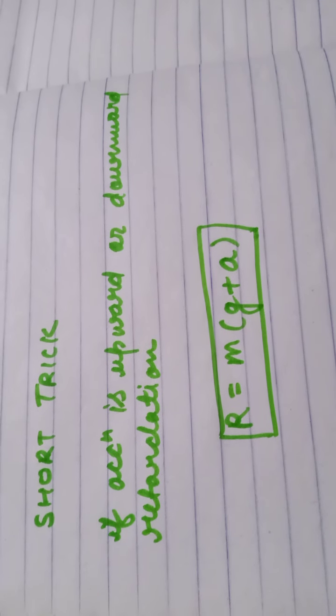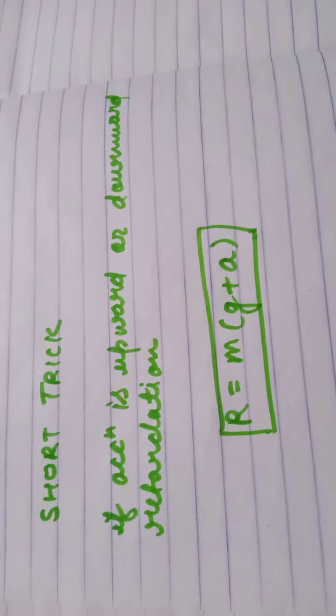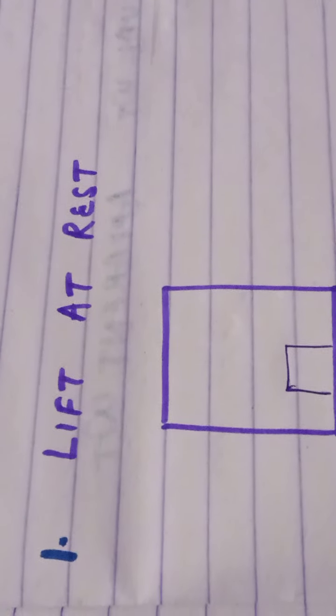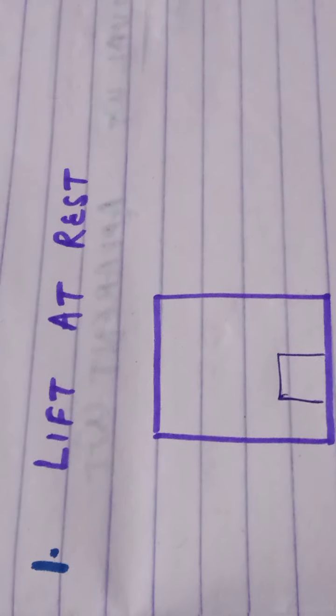Now let's check the first condition, lift at rest. For the solution we would draw the FBD and so on. So I'll tell you the whole process, but I'm telling you the short trick also. First the whole process.